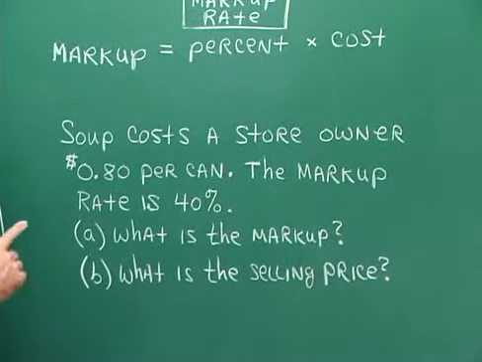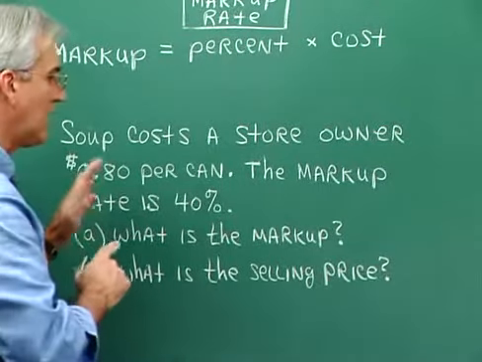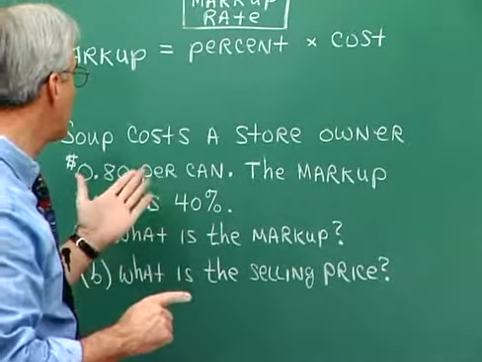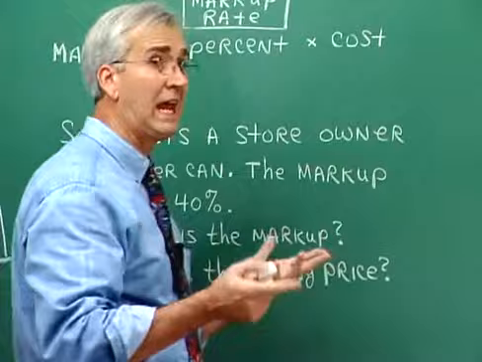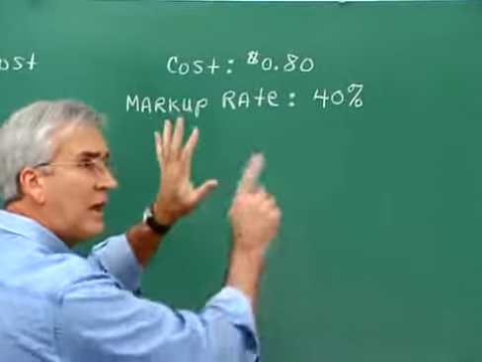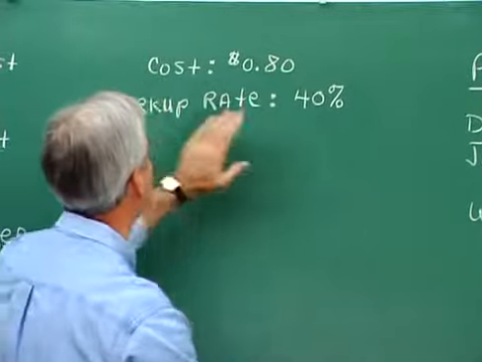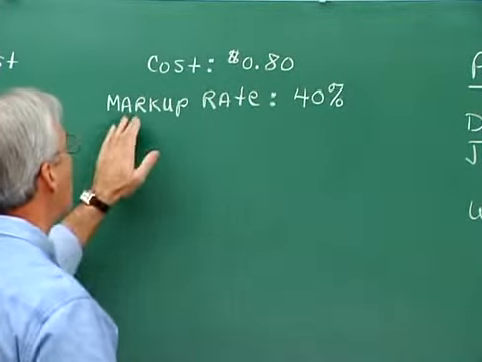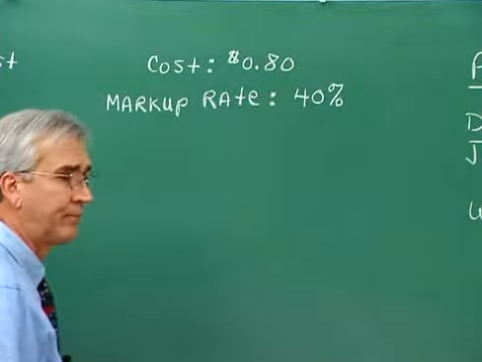Now, often in problems like this, you may begin by just writing the information you know. We're given the cost per can of the soup and we're given the markup rate. Let's write that down, kind of in outline form. The cost is 80 cents per can. The markup rate is 40%.